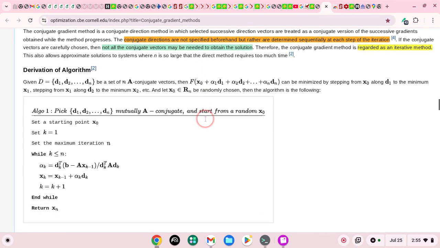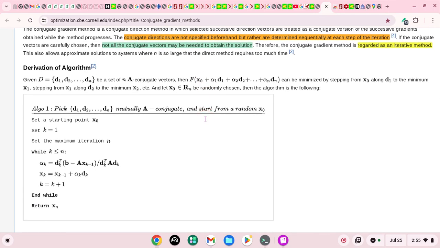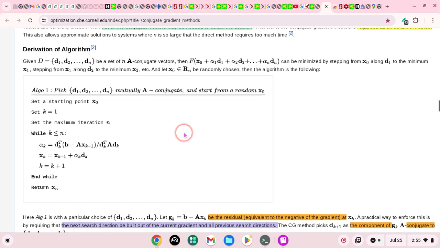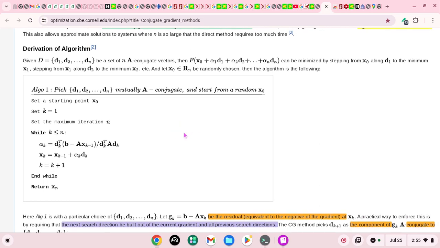Here again, let us recollect that algorithm one is similar to conjugate directions. We have n linearly independent A-conjugate vectors, and the solution expansion at every step can be computed based on the previous step itself.